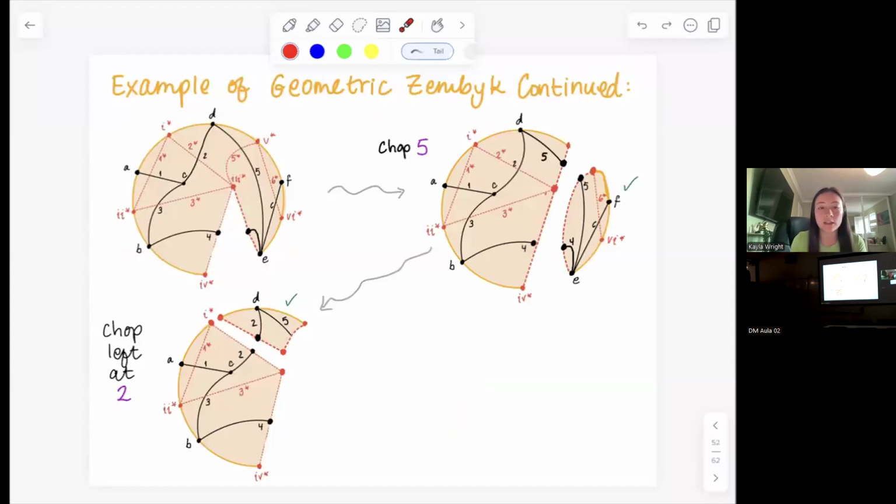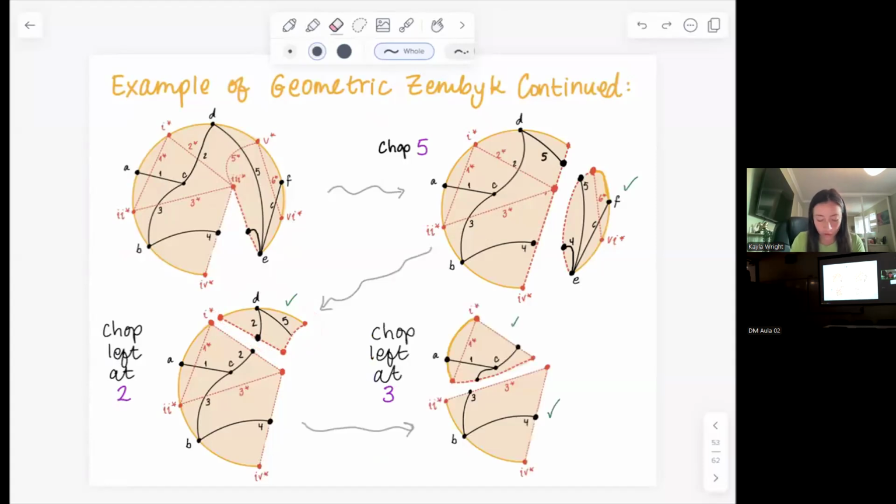And we want to continue doing this until we have no relations or we see something that's of type A, D, or A tilde. So this, if you look at this particular piece, now just looks like something of type A. This looks like a pentagon, a triangulated pentagon. So we're done with that piece. We want to now look at the last remaining relation that we have at 3. Sorry, when would you have something of type D?